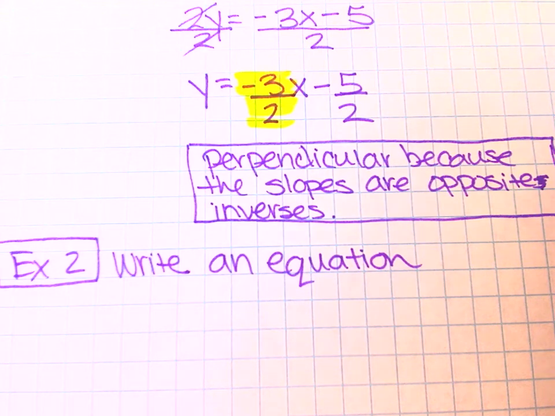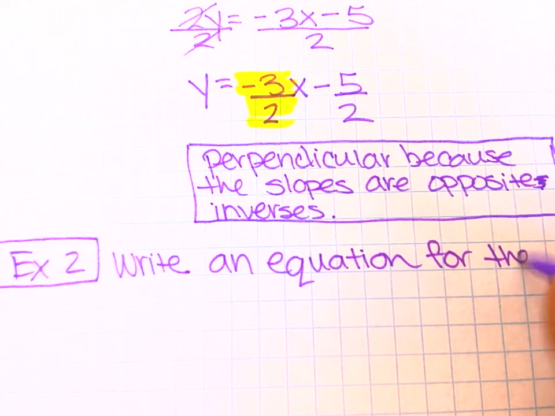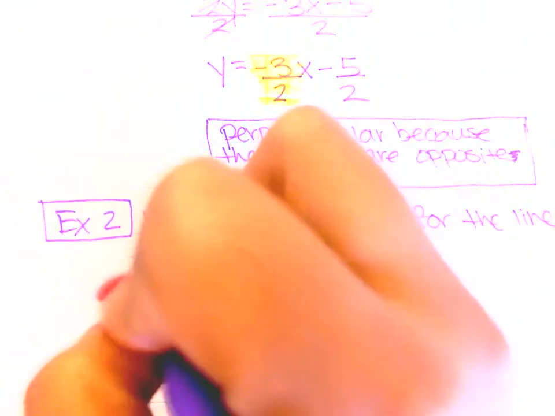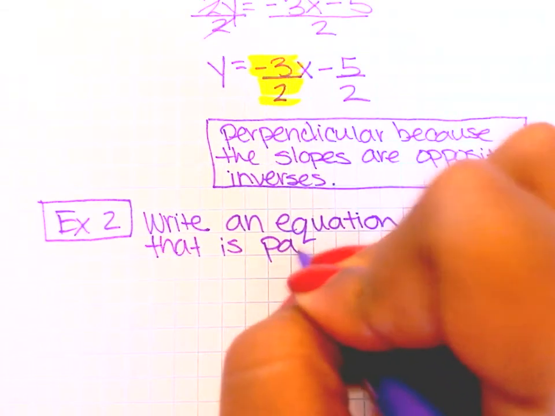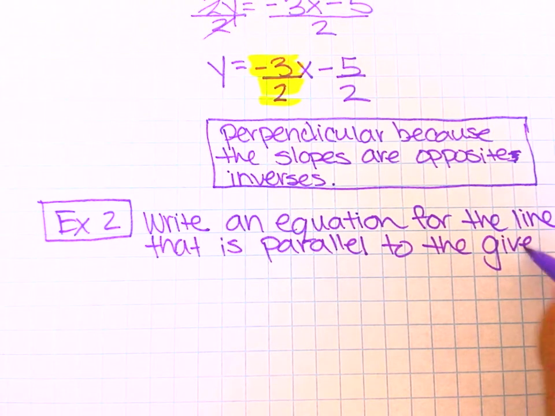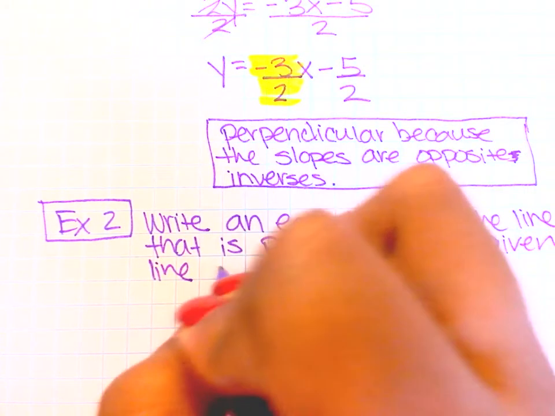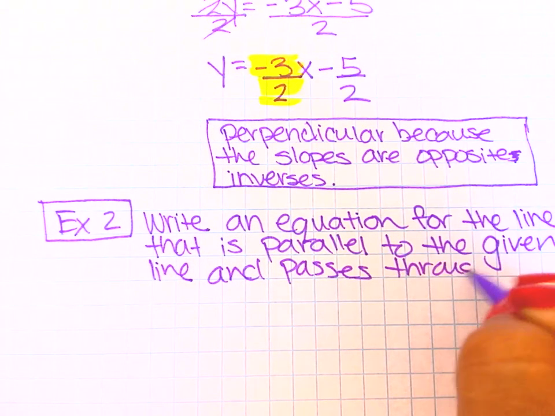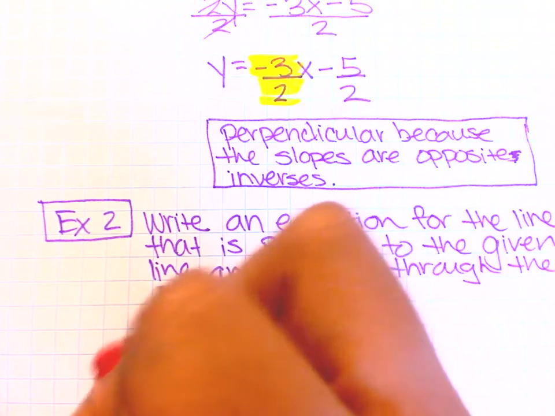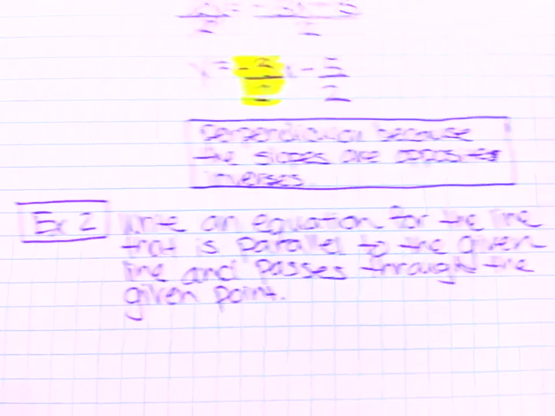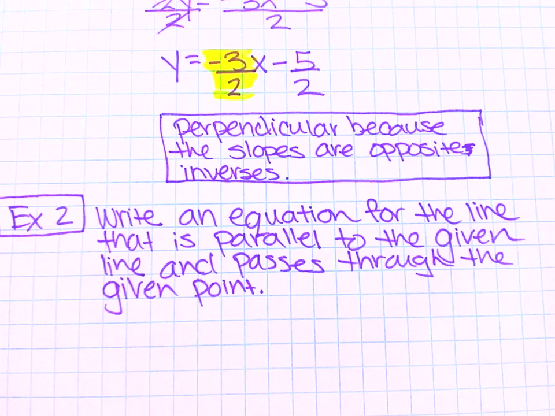Write an equation for the line that is parallel to the given line and passes through the given point. Let's see. Write an equation for the line that is parallel to the line and passes through the given point.